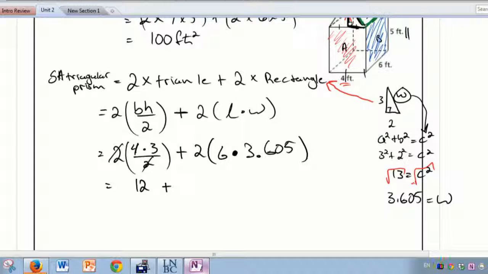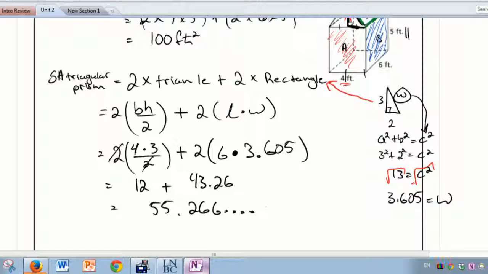It's going to be a decimal, so I'm going to have to actually calculate it. 43.26. So this is 55.26, and that 6 just keeps on going on forever.